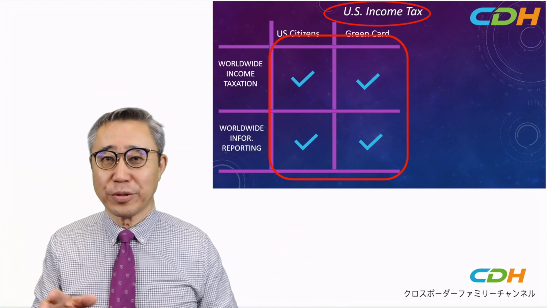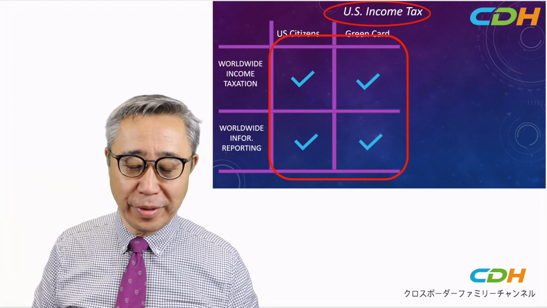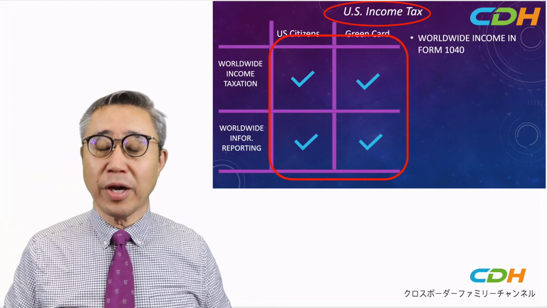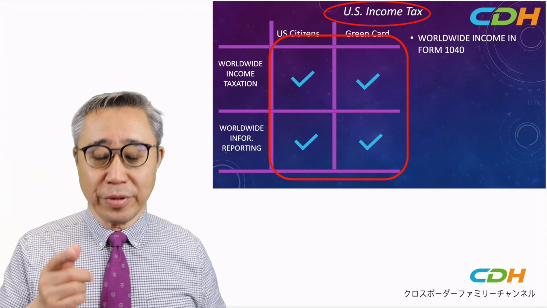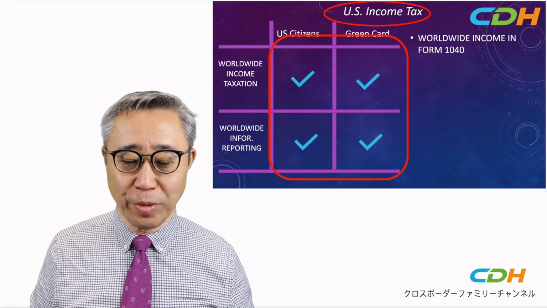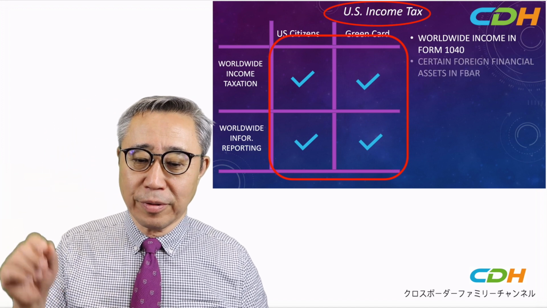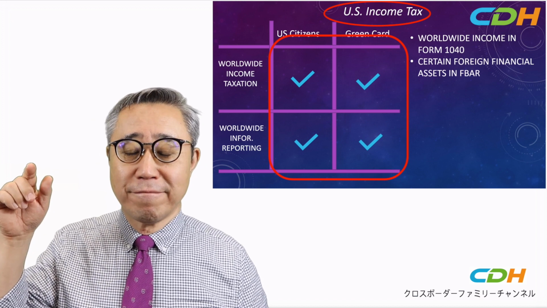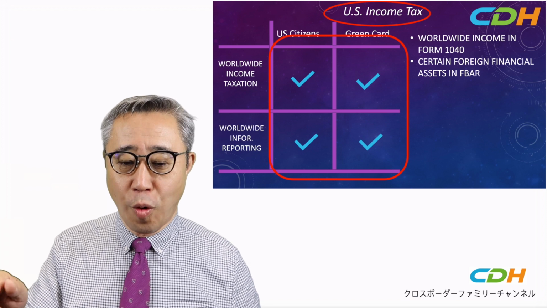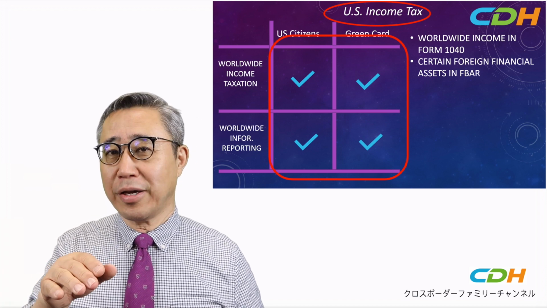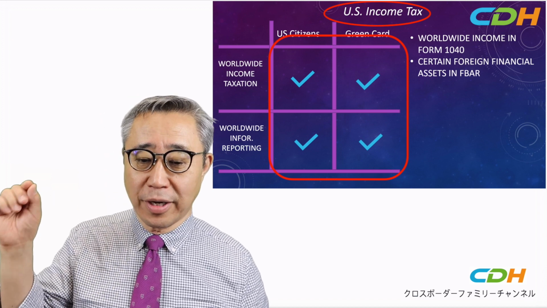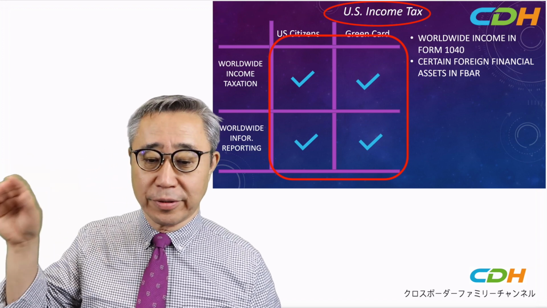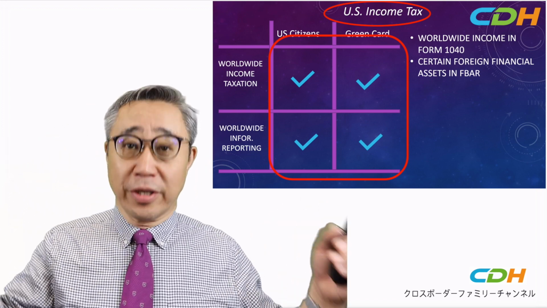Citizens and green card holders are the same. First, worldwide income in the form 1040. Yeah, very simple. Certain foreign financial assets in FBAR, FinCEN 114.